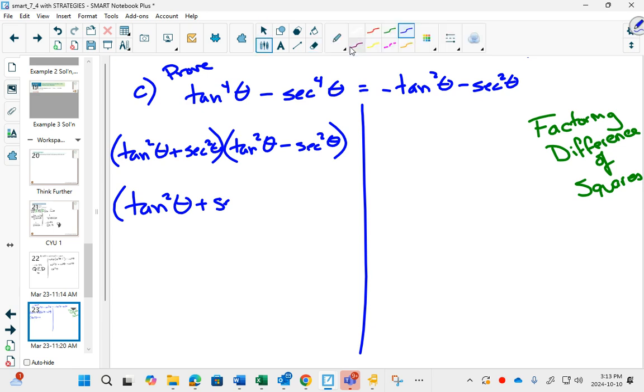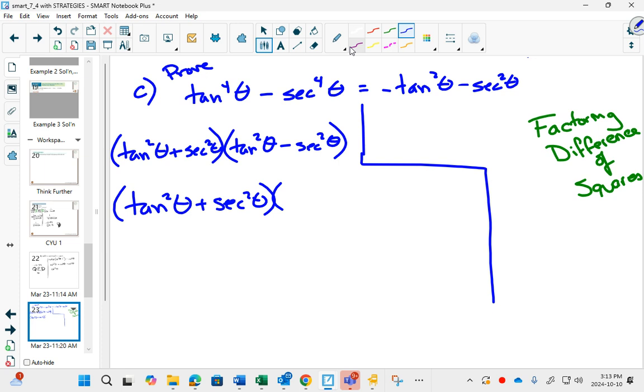Okay, so what do I have to show? Well, I'm going to need more space. There we go. I know that secant squared is tan squared theta plus 1, so I could replace the secant squared with tan squared theta plus 1, like that. That would be allowed.